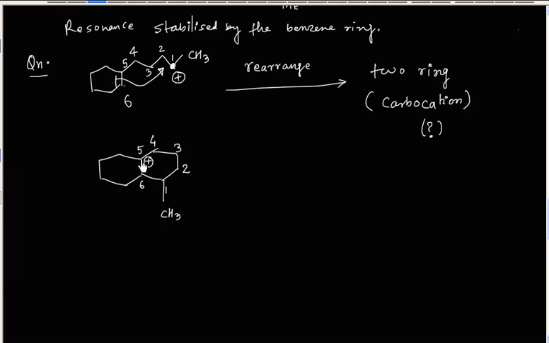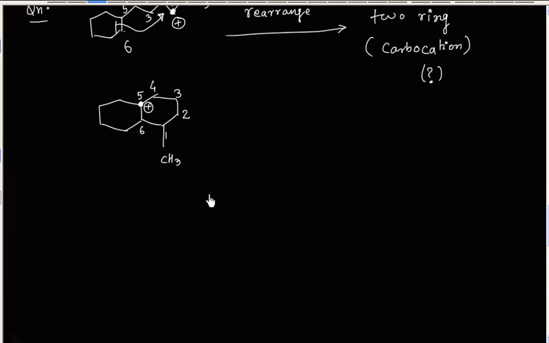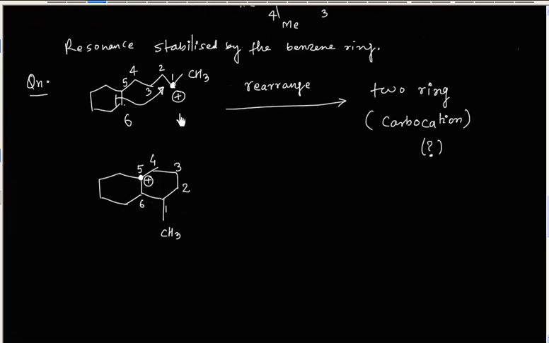So finally we will have this carbocation, and this is a 3 degree carbocation, a more stable carbocation. So initially we are having a 2 degree carbocation, and finally we have a 3 degree carbocation.